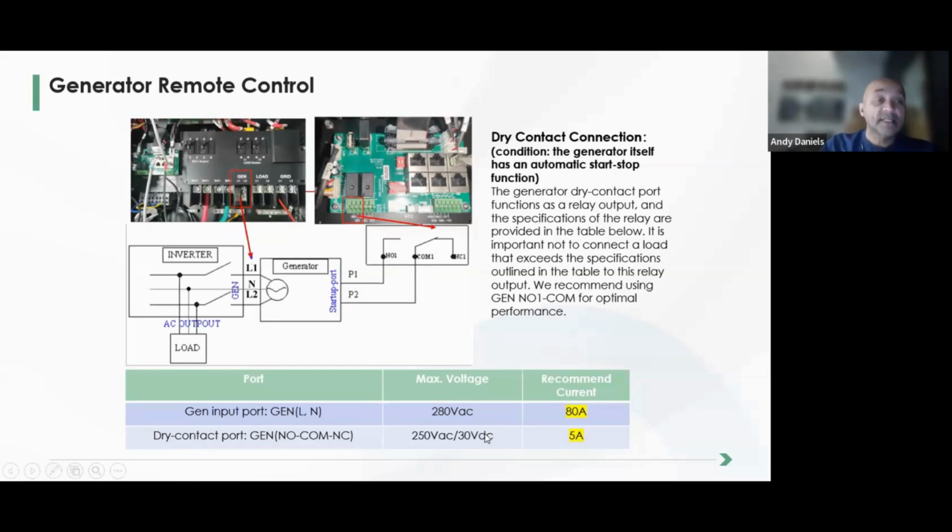And if you are running a DC signal through there to start your generator, then the maximum voltage that we can run through there is 30 volts DC. And then the maximum input voltage on the generator input port is 280 volts AC and 80 amps.